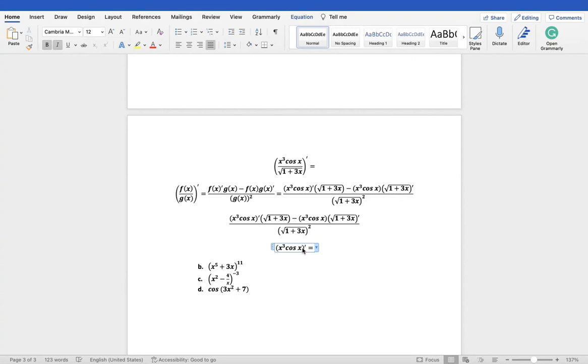Right, so as you can see, I'm breaking it down into small pieces so we can go through as many rules as we can. Here we have a product, so you use the product rule, right?